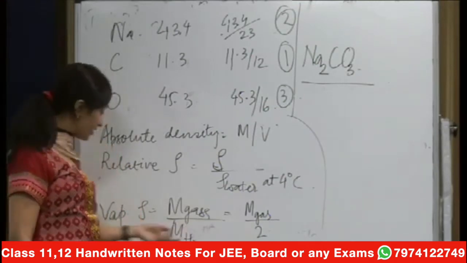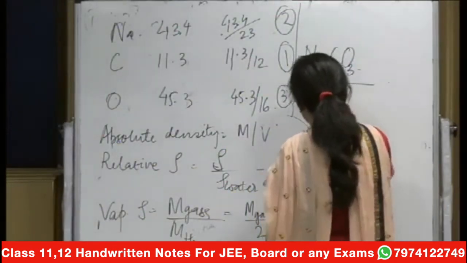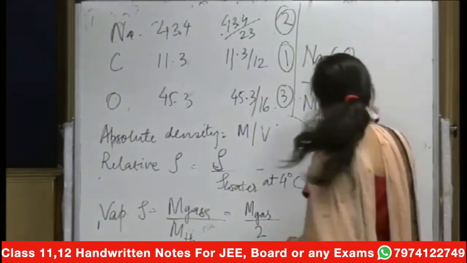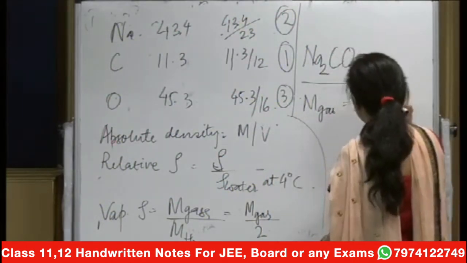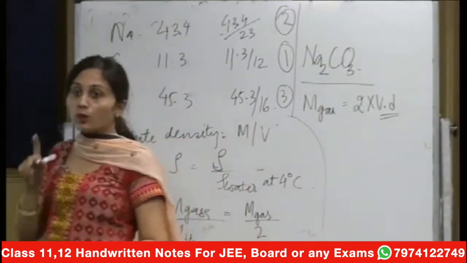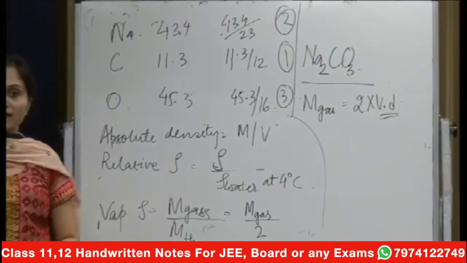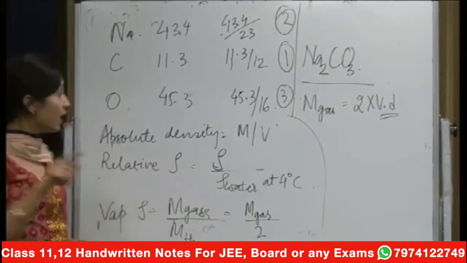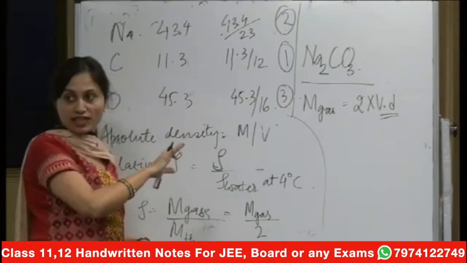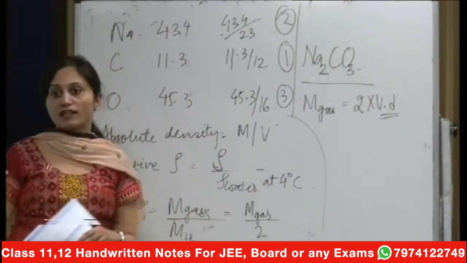So generally, the molar mass of the gas is equal to twice the vapor density. Many a times in the question you will be given the vapor density, and that vapor density when multiplied with 2 will give you the molar mass of the gas, and then if you have the empirical formula you can easily find out the n factor.